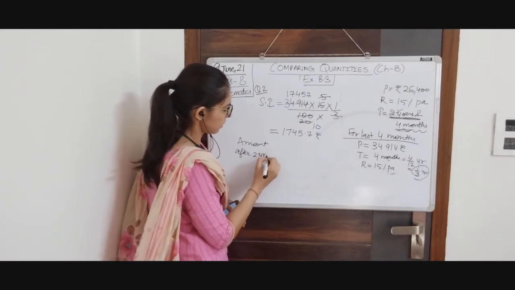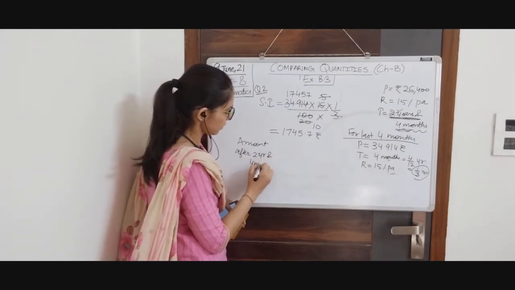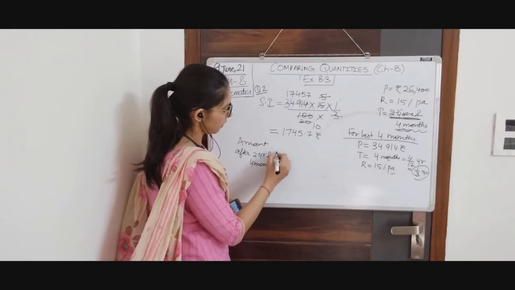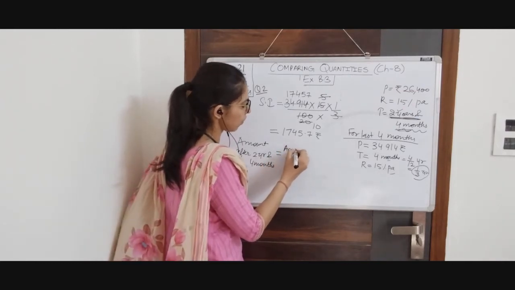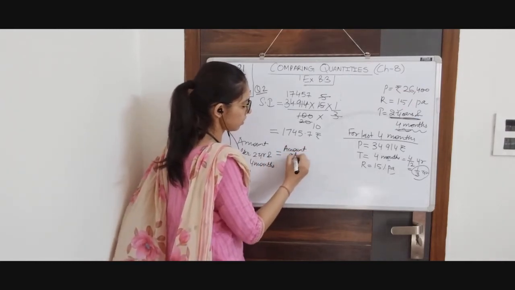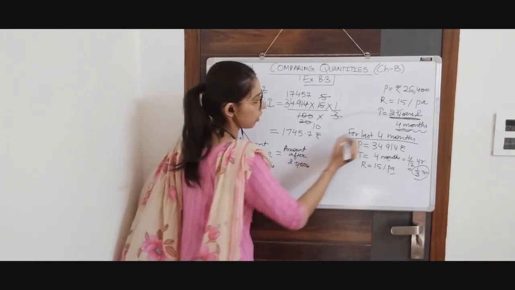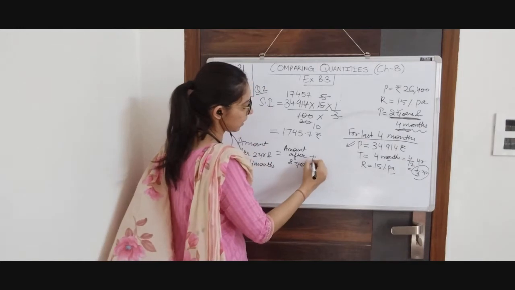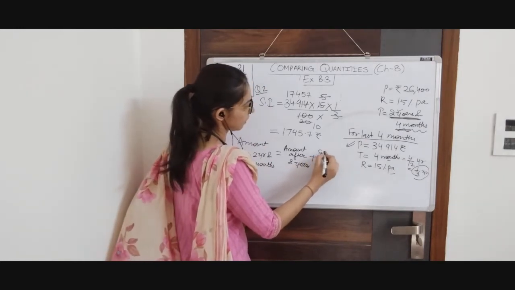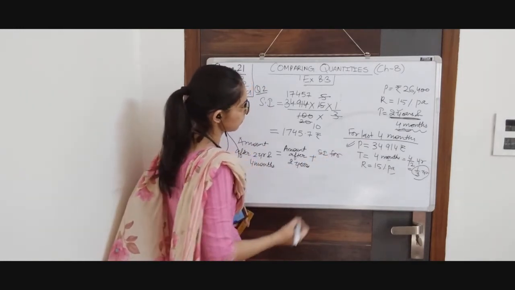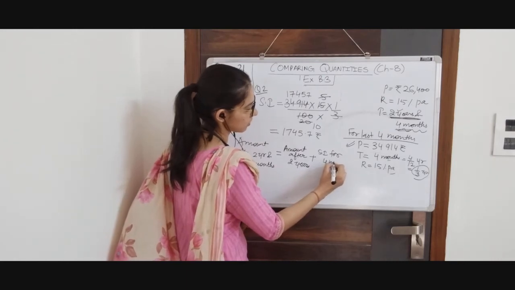It means your amount after 2 years and 4 months will be equal to the amount after 2 years, which was this much, plus simple interest for 4 months.